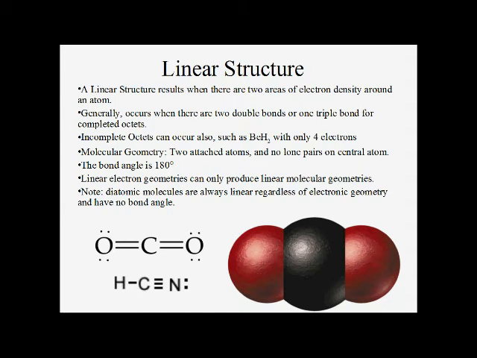If we have two areas of electron density around a central atom, these will get as far apart as possible from each other, which means they'll be on opposite sides of the atom. So we'll end up with a linear structure with a bond angle of 180 degrees. If we have a complete octet on the central atom, this means that we will have either two double bonds or a single bond and a triple bond.